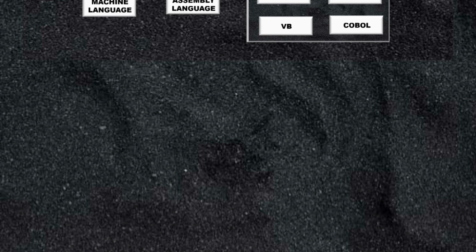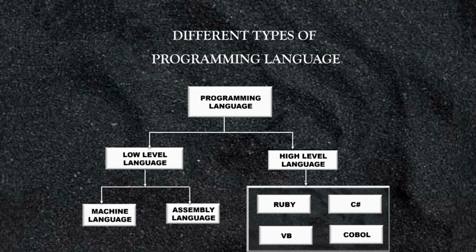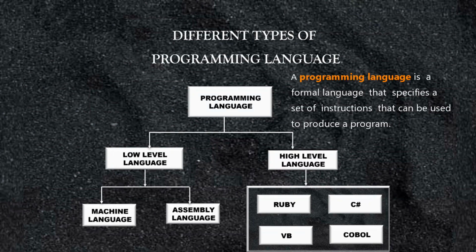Today we learned about different kinds of programming language. A programming language is a formal language which specifies a set of instructions that can be used to produce a program. There are two types of programming language that are high-level language and low-level language. Low-level language is again divided into two that are machine language and assembly language.